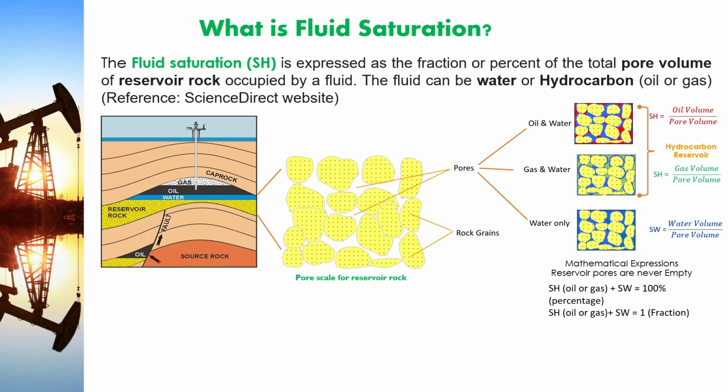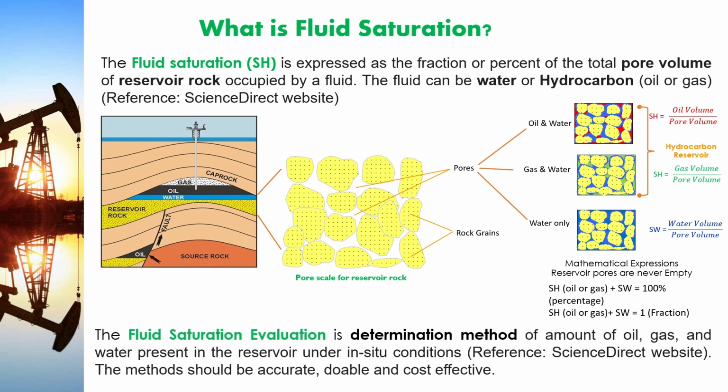The SH represents the hydrocarbon, not the fluid saturation. The fluid saturation evaluation represents the determination method of the amount of oil, gas, and water present in the reservoir under in situ conditions. In situ means at reservoir conditions where we expect high temperature and pressure.